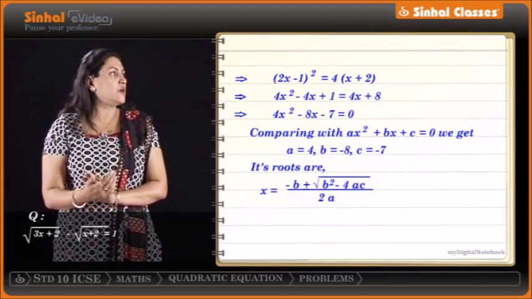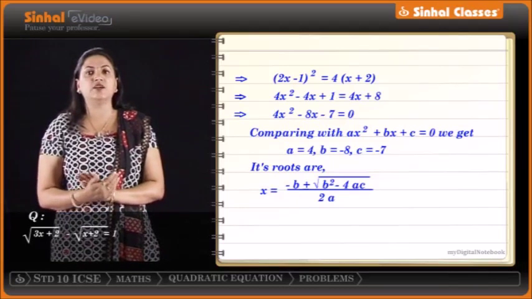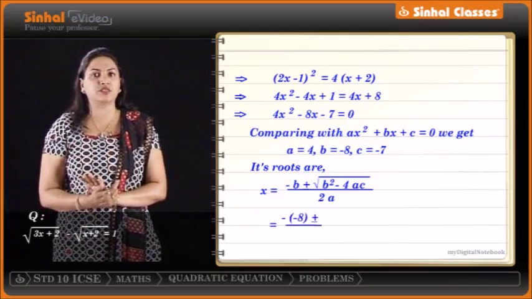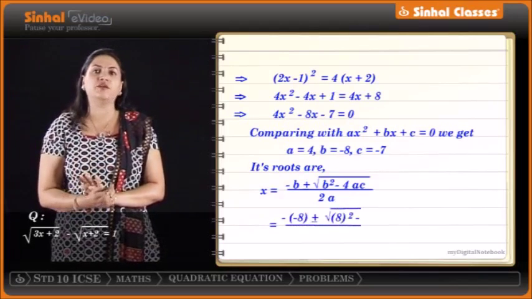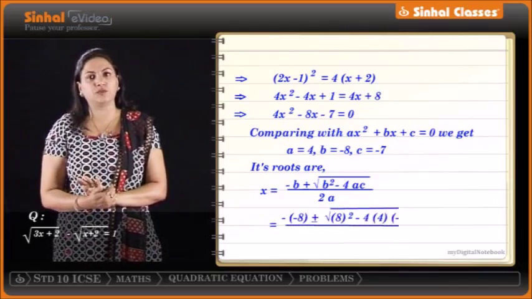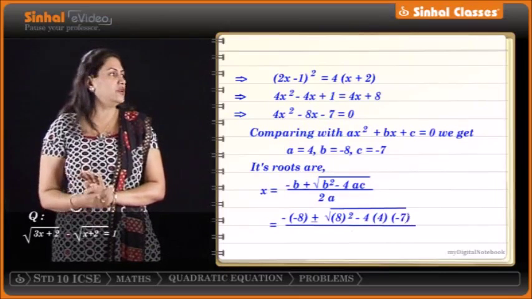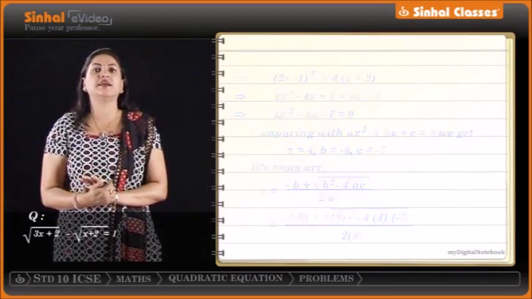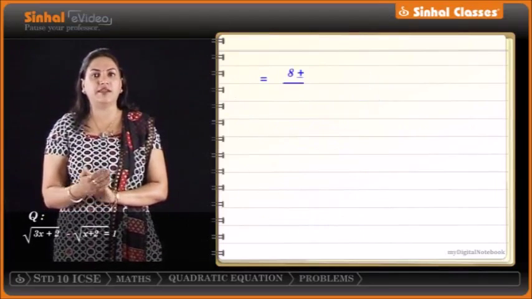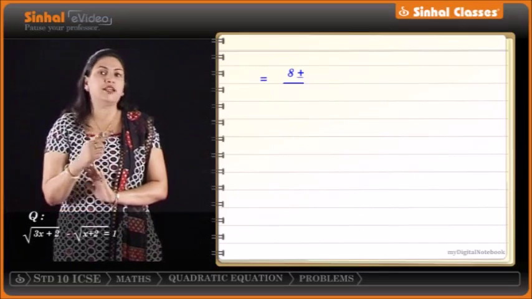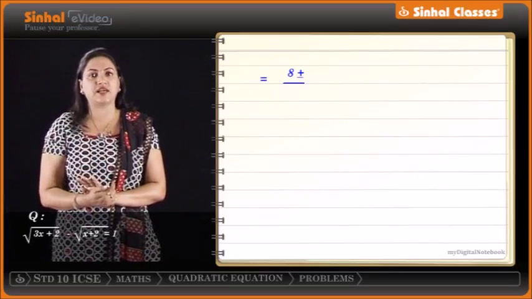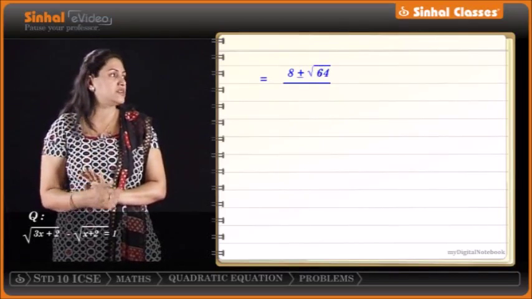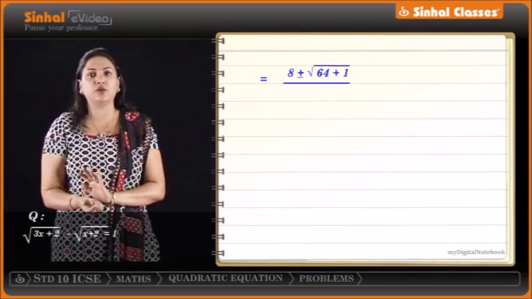We get minus of minus 8 plus or minus root minus 8 the whole square minus 4 into minus 7 upon 2 into 4, which is simplified as 8 plus or minus root of, now minus 8 the whole square gives us 64, and that minus 4ac term becomes plus 112.